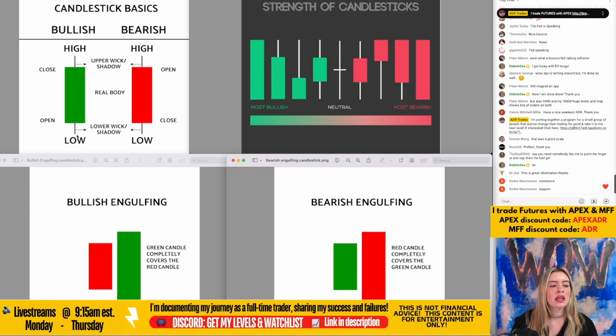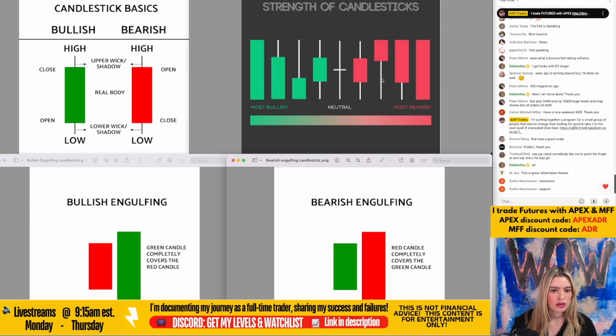This is the high, this is the low. For a bearish candlestick, it's red. Same thing with the low and the high, but it opens the other way around. The top is when it opens, and the bottom is when it closes.